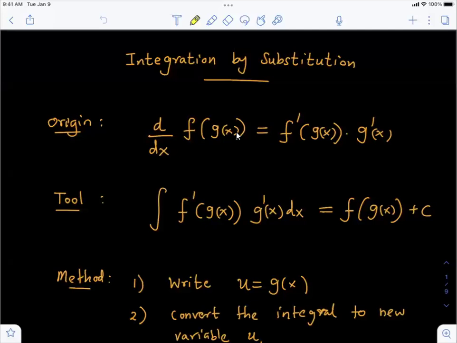However, since the integration process is a little sophisticated, a little complicated compared to the differentiation process, we are trying to do it one step at a time. In the level of Calculus 1, you're going to see integration by substitution to reverse one of the rules of differentiation.